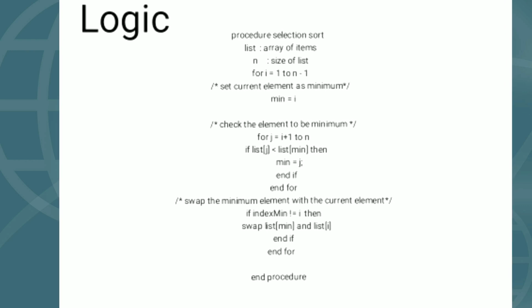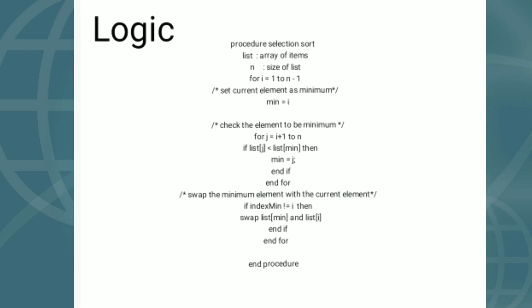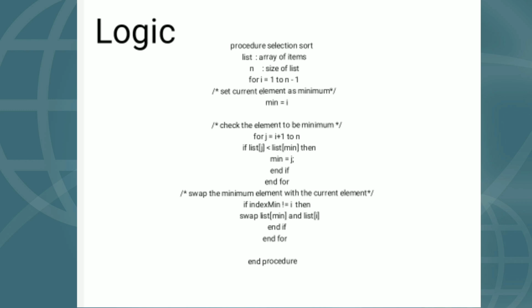Let us discuss the logic present in selection sort. Here list means array of items and n means size of the list. For i varies from 1 to n minus 1, and minimum equals i. In the next step, for j varies from i plus 1 to n.